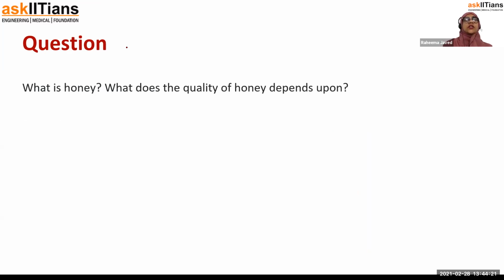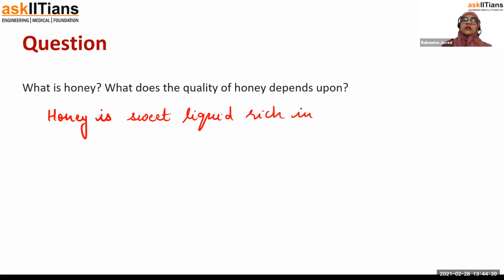Okay. Next question is, what is honey and what does the quality of honey depend upon? Honey is a sweet liquid rich in vitamins and minerals.